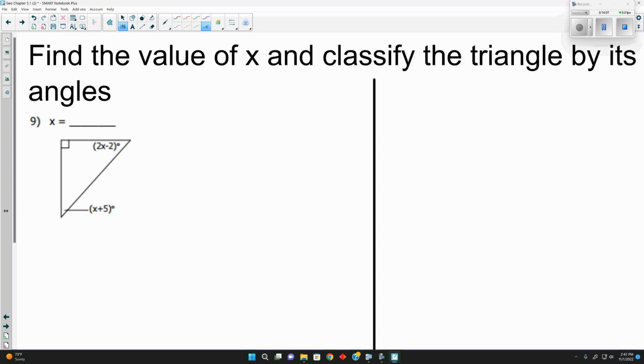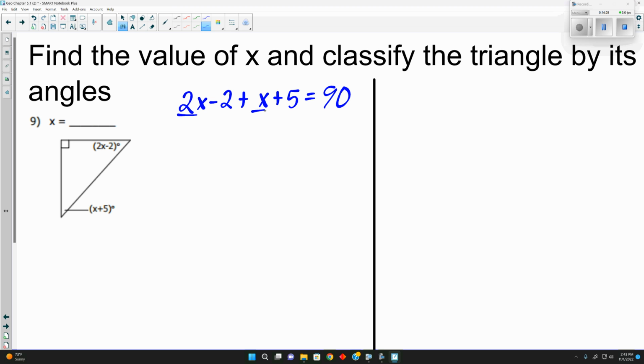According to that last property, I can say 2x minus 2 plus x plus 5 is equal to 90 because it does have a right angle, yes? The sum of the acute angles of a right triangle are complementary, so they add together to be 90.